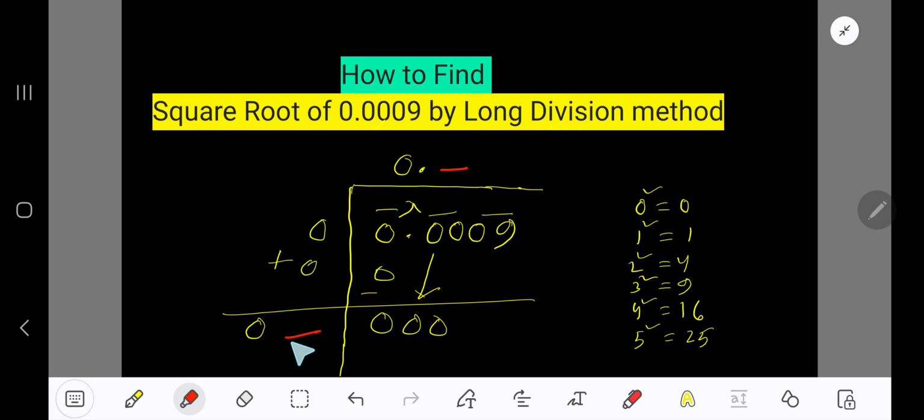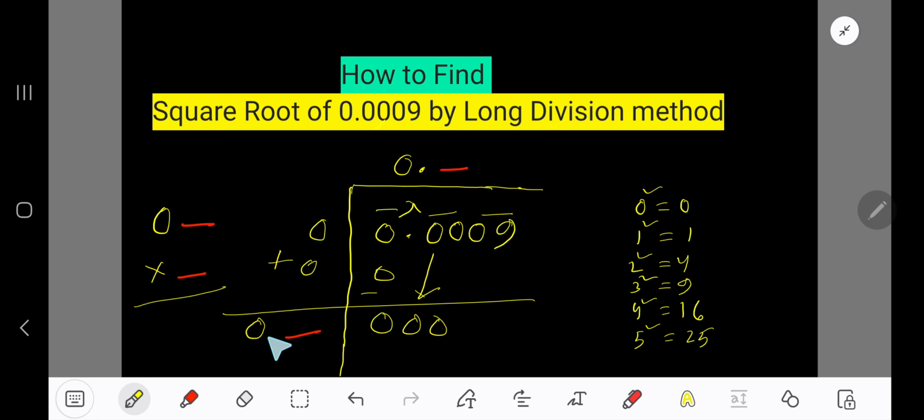Now you need to multiply. You need to place a digit here and the same digit will come here. If you multiply, the result should be equal to this or nearest to this.